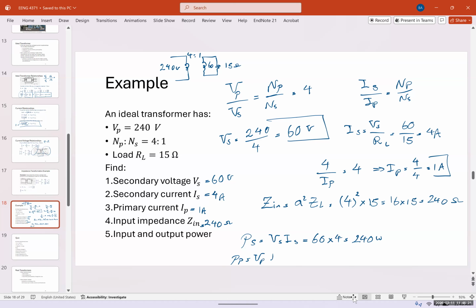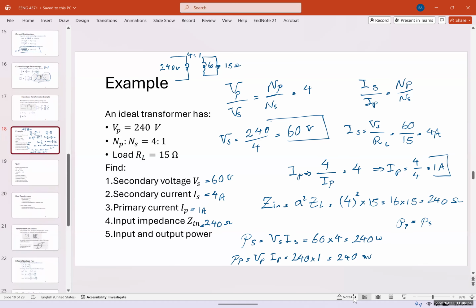It's going to be V primary, I primary, which gives us, again, 240 because the input voltage was 240. And what was the input current? 1. This is IP. So it gives us 240 watts. So you can see, because we have no loss, primary and the secondary power are equal.